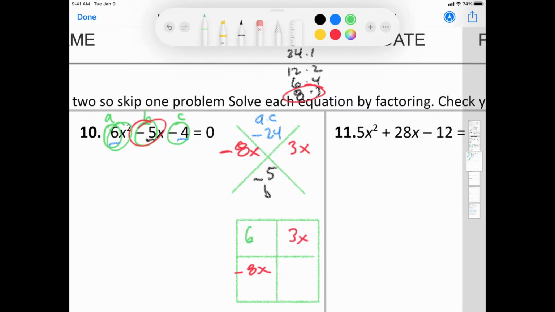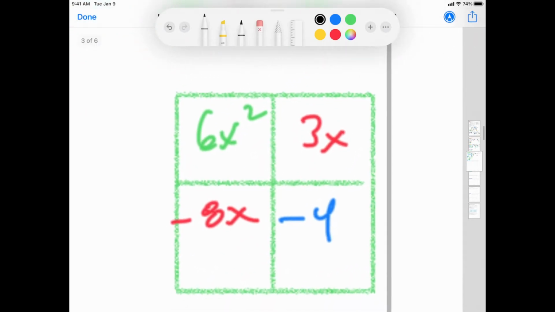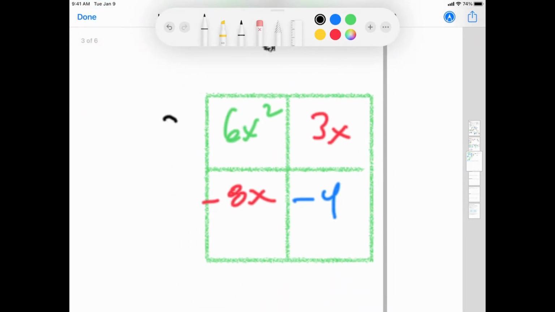6x squared, and our negative 4. Let's take out the greatest common factor of the top row. This would be 3x. Next row would be negative 4. Greatest common factor of the first column on the left, this is going to be a 2x. And this one will be a plus 1.